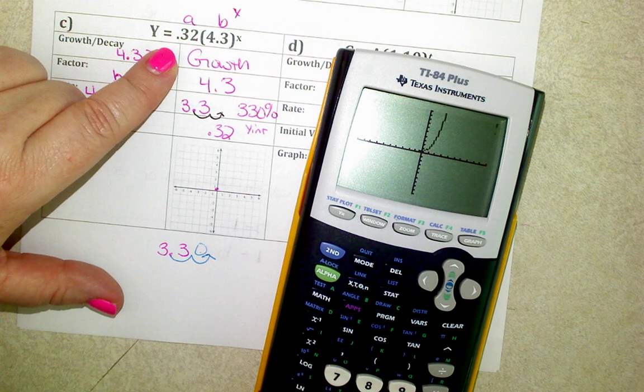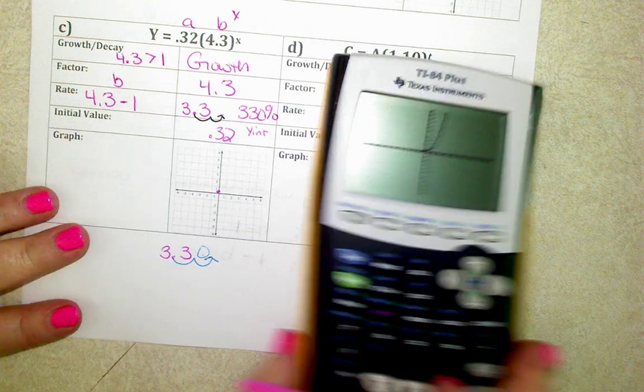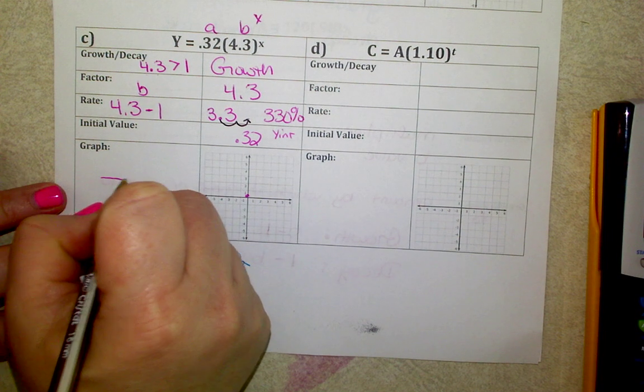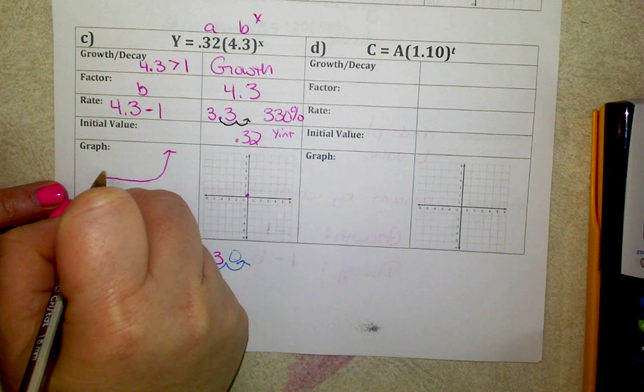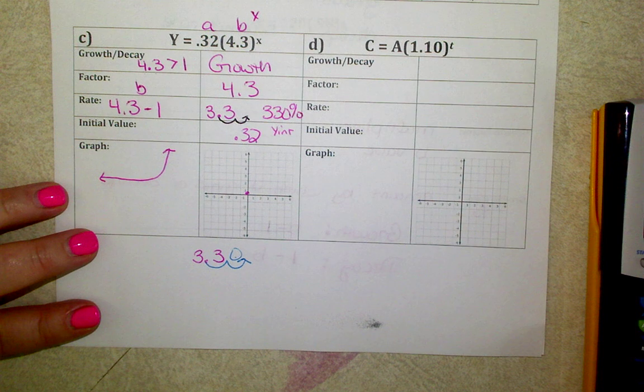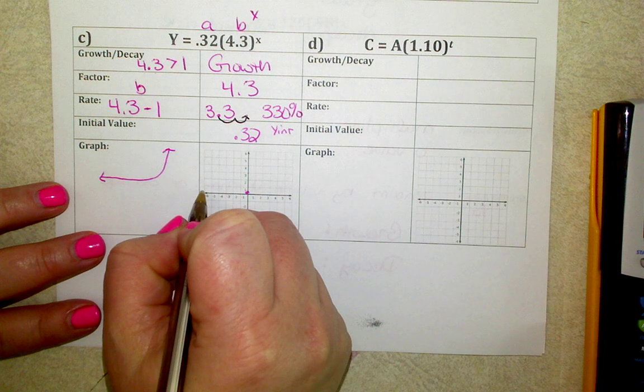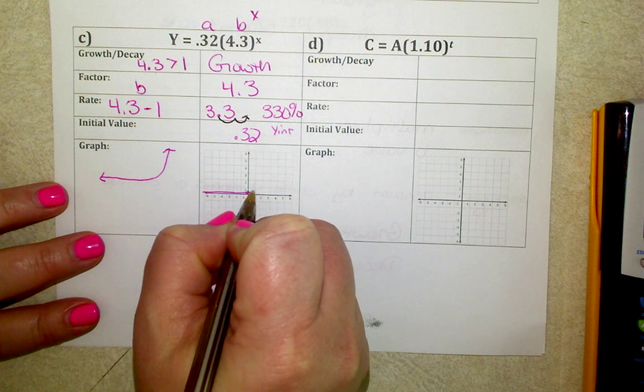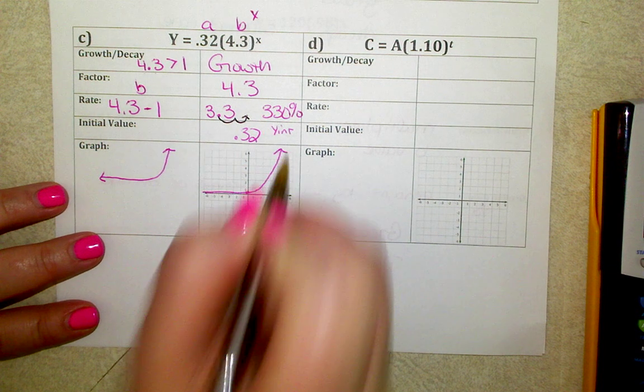All right, as it's moving from left to right, what do you notice it's doing? It is increasing. Your growth problems are always going to have a shape like that unless it's been reflected. So here, it goes along the x-axis and it hits that point and it starts going up.